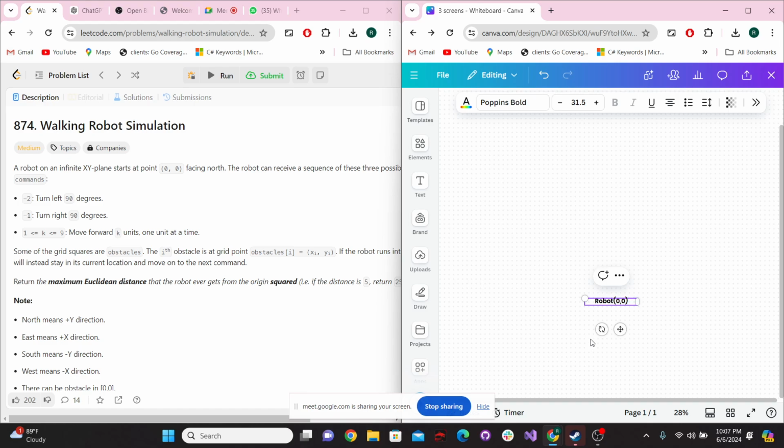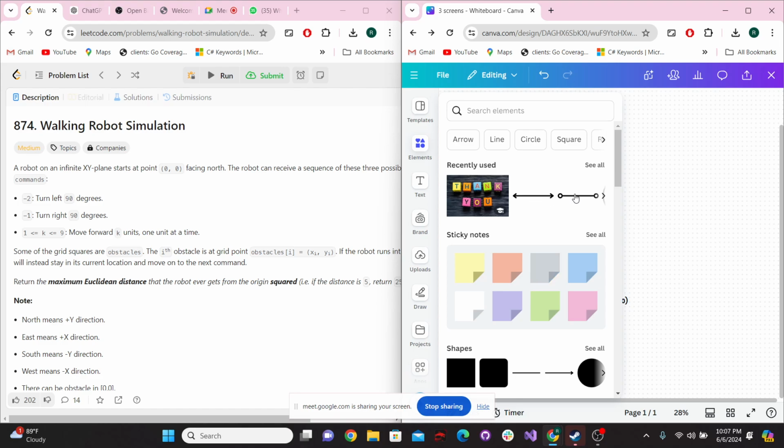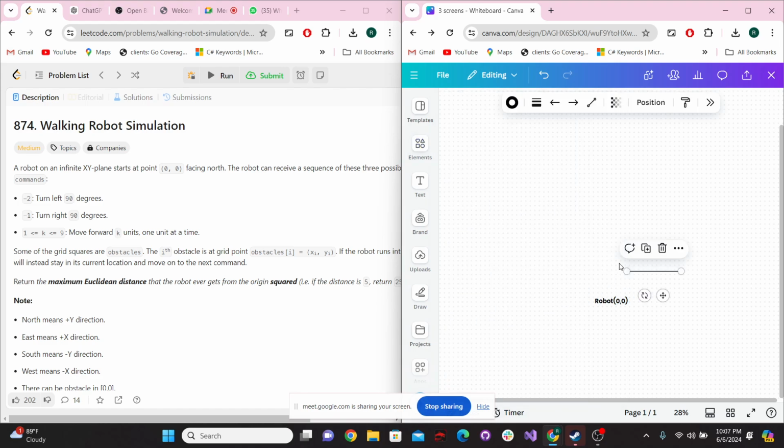And then there's going to be some elements. Let's just say this is an arrow or something, right? It's facing north. Just ignore the bad drawing, but focus on the main thing. So this robot is going north in a weird northy way, right?